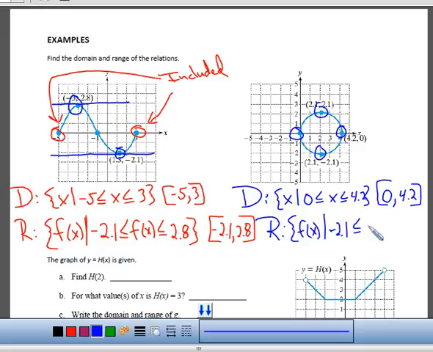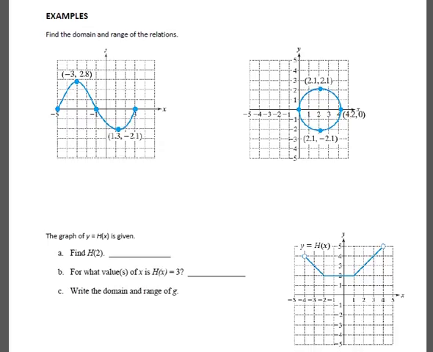And that's less than or equal to f of x, which is less than or equal to our highest value, which is 2.1. Curly bracket. Now, interval notation, negative 2.1, comma, 2.1, and square bracket, because they're included. Alright? Not too bad. Well, let's take a look at another example below.